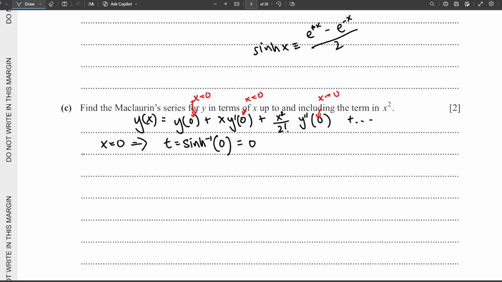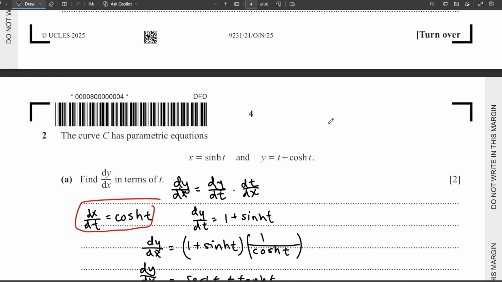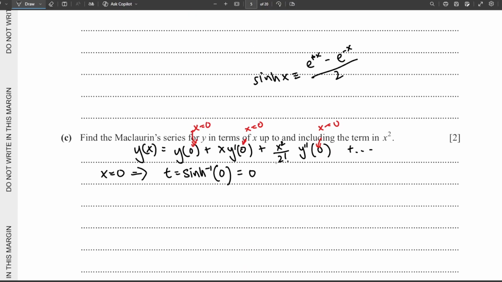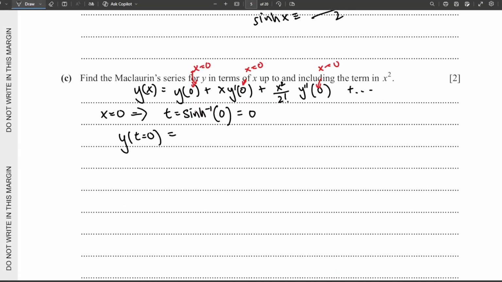Okay, and from this we can substitute back into our y, dy/dx and the second derivative to get these coefficients. So y when t is 0: what is the function given to us in the question? 0 plus hyperbolic cosine of 0.